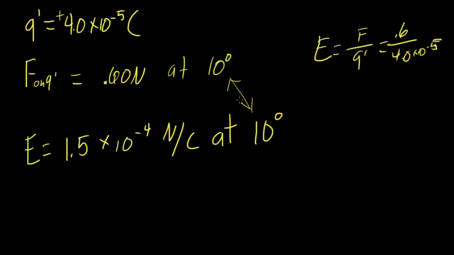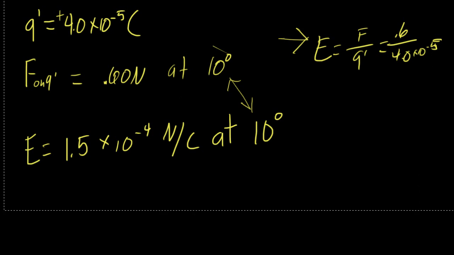I'm sure some of you were afraid we were going to have to do some trig with vectors and stuff, but we don't. It's really simple. Okay, so if you're asked to find an electric field, this is it. Simple stuff.